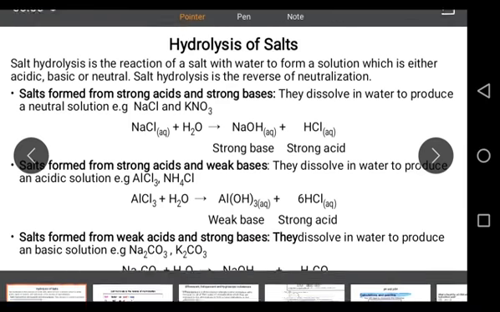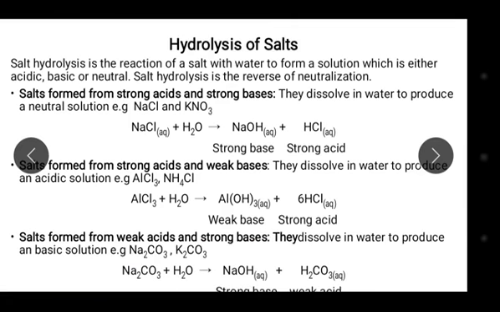Now, any salt formed from strong acid and strong base, when hydrolyzed in water, produces a neutral solution. Let me take that again. Salts formed from strong acid and strong base, when hydrolyzed in water, give a neutral solution. Another example is potassium nitrate.